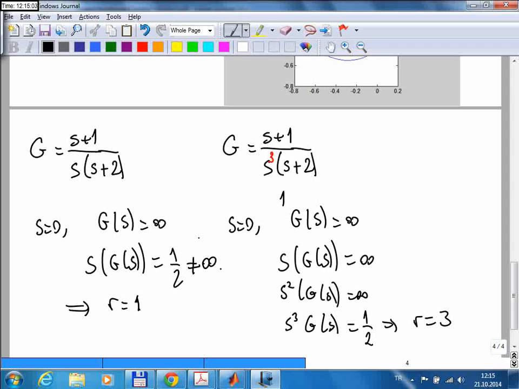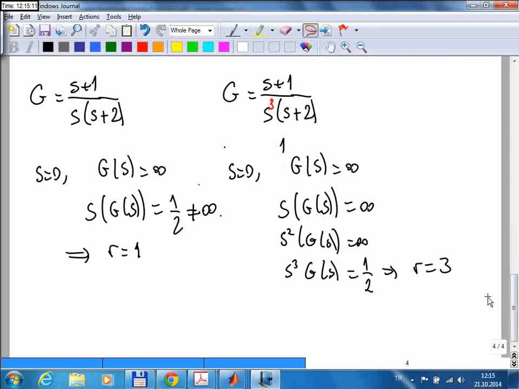So that power there determines the multiplicity of the pole. And s is equal to minus 2 is a pole with r equal to 1, since there is no power term here.